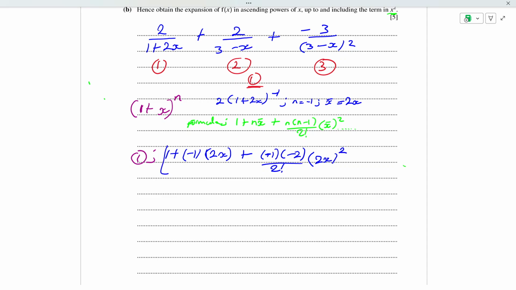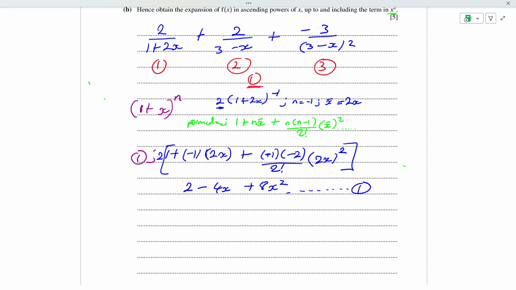And then all of that, you want to multiply by the 2 that we have outside. So your final solution, when you simplify that, should be 2 - 4x + 8x^2. Okay, and that should be your first part.